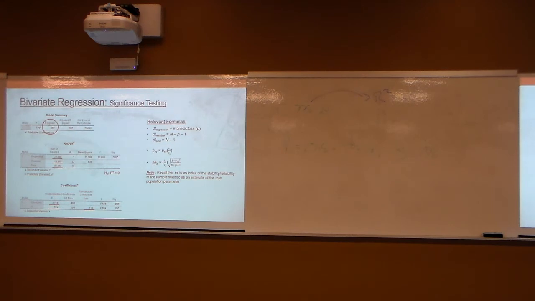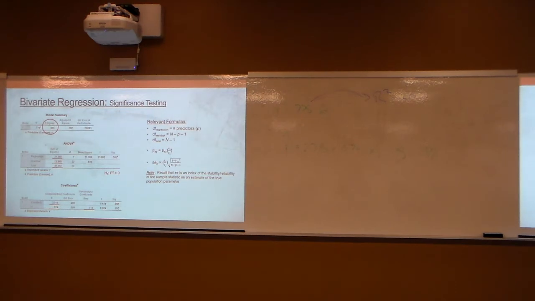Almost always when we have an inference test, it's testing whether or not something's zero. So the F is indicative of how far off from zero we are. How far what is off from zero?